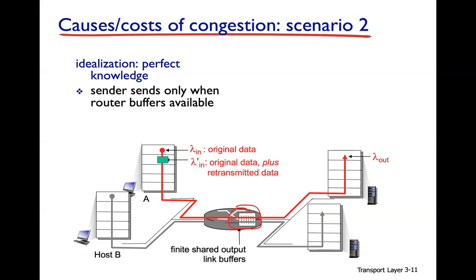If I have the knowledge, I will use it for these two hosts sharing the same link and the same router. Then the best performance is here, right? I use half of the output link capacity, so everything will be good.